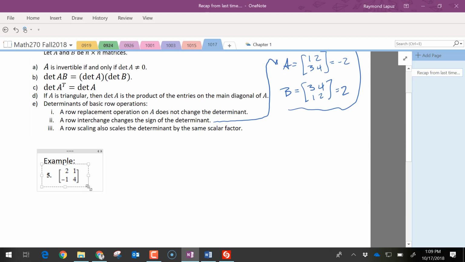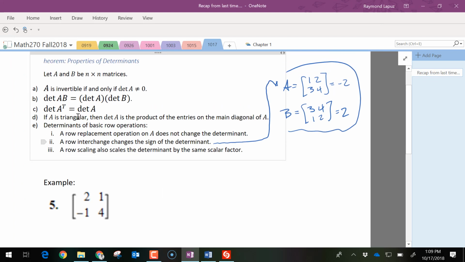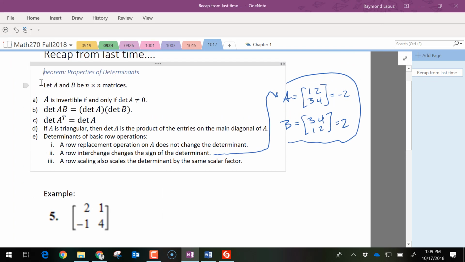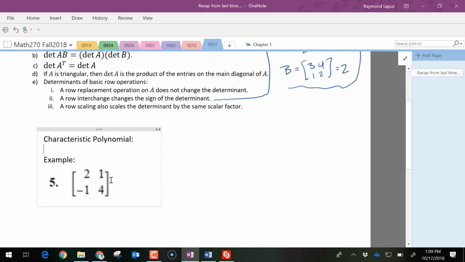So what was it asking? Characteristic polynomial. So this is not really an example of this last theorem here, but if we're going to find the characteristic polynomial, remember the process.